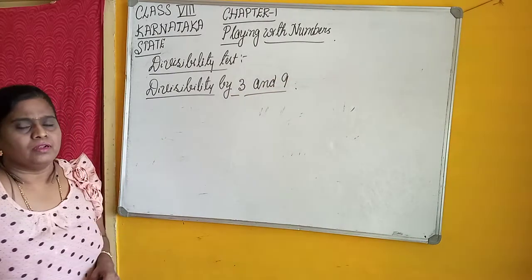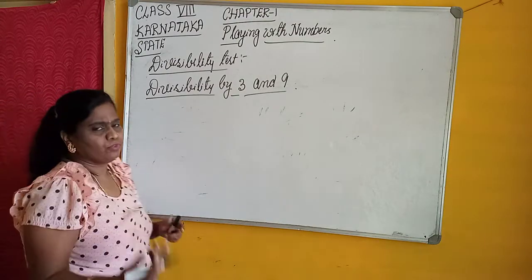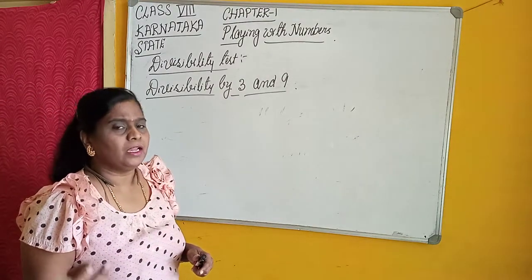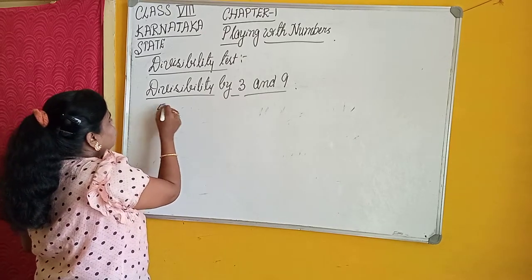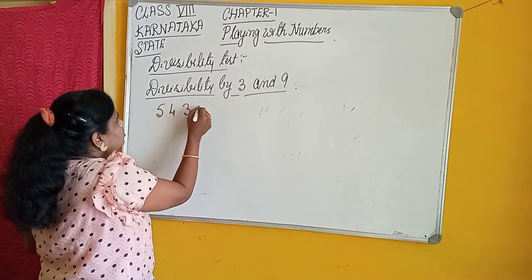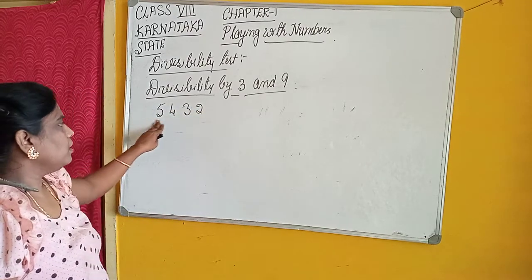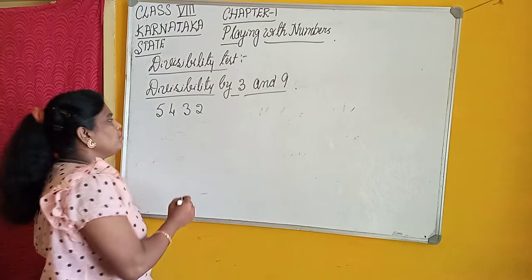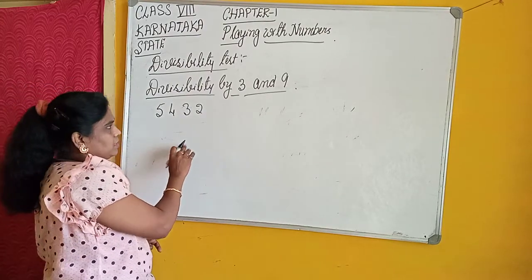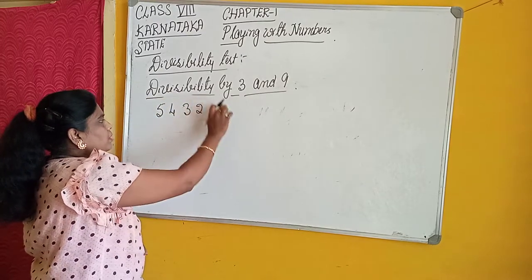For example, let us take any 3-digit number, 4-digit number, 5-digit number, any number, say 5,432. If we add the digits in the number, if the sum is divisible by 3, then that number is divisible by 3.